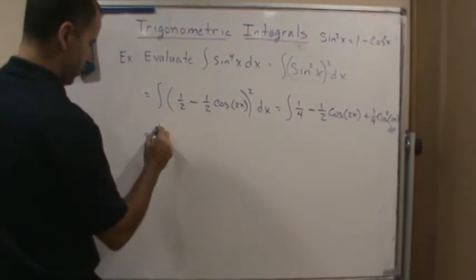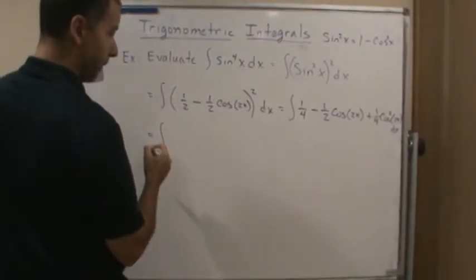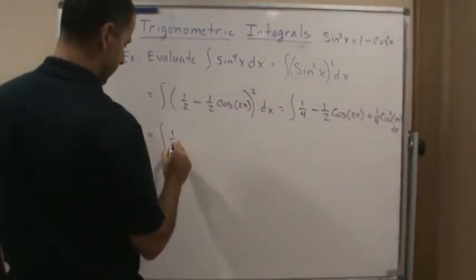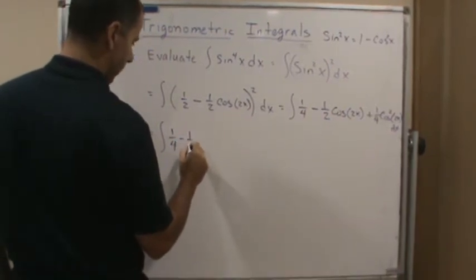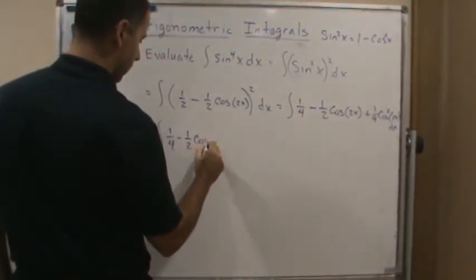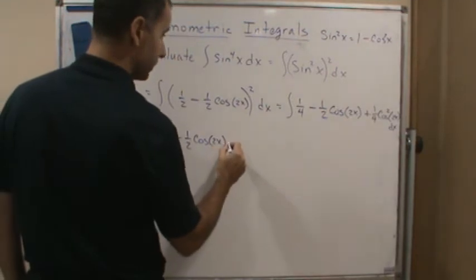Okay, so let's write this out. So I'm going to replace it with the power reducing identity. So it's going to be 1/4 minus 1/2 cosine 2x.